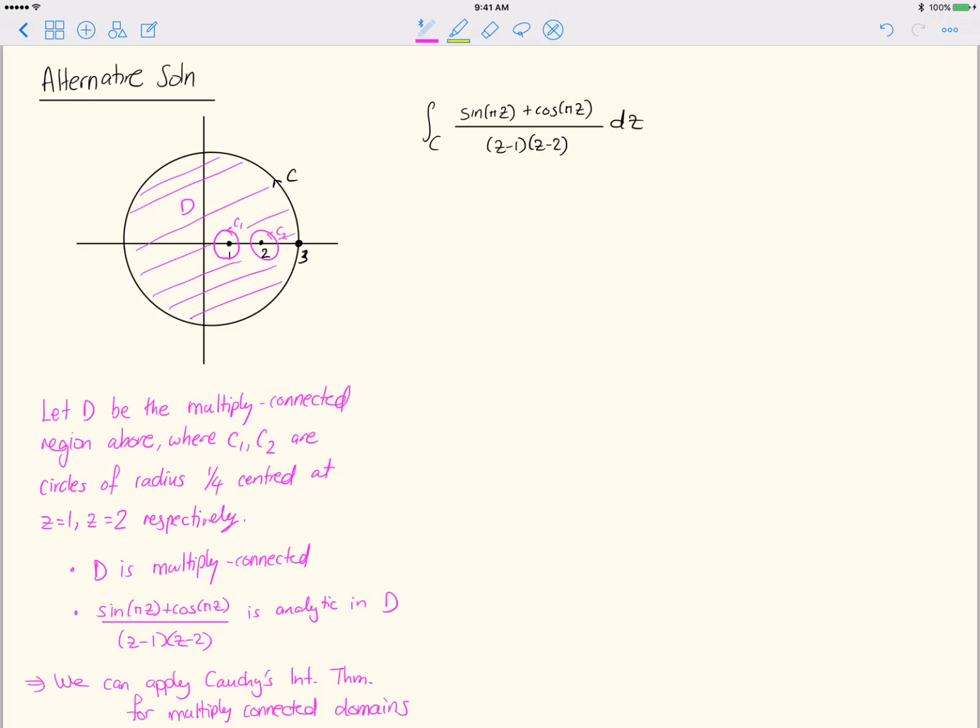Remember, it tells us that this integral that I have here is equal to the integral over C1 of that function plus the integral over C2 of that function.